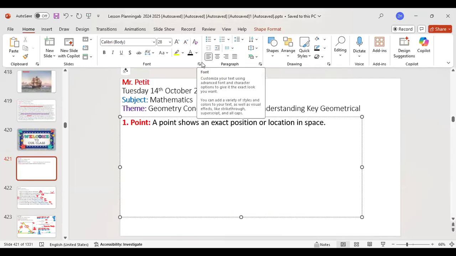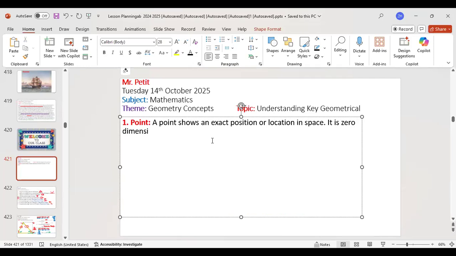Now, it is very important to note that it is 0-dimensional, right? It has no length, it has no width, and it has no thickness or height, right?